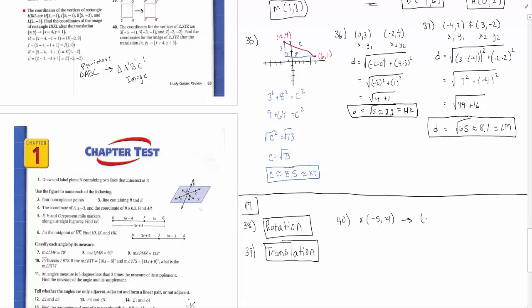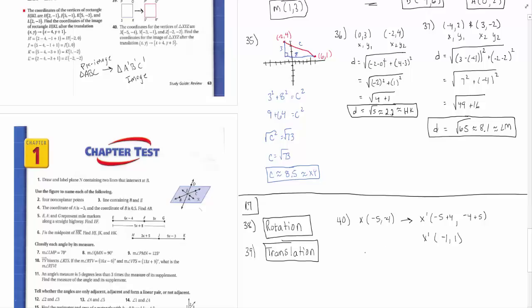So it's going to look just like the translation rule. So if I want to find X prime, here's what we're going to do. X prime is going to be -5 plus 4, because that's what we're doing with our X values, and Y is going to be -4 plus 5. So there's X prime, which, by the way, is -1 and then a +1.